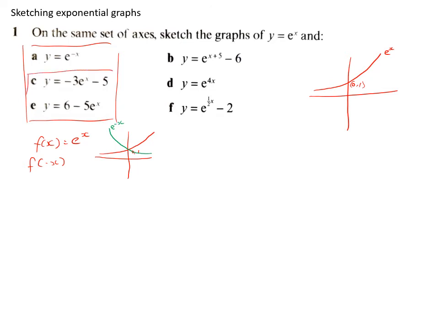So part C here, I'm going to look at now. y equals negative 3 e to the power of x minus 5. So here we've got a combination of graph transformations going on. We've got a negative 5, which means the original graph's going to drop by 5 squares. We've also got a negative 3 part, which we could take in 2 stages, the negative part and then the 3 part. So let's have a look.